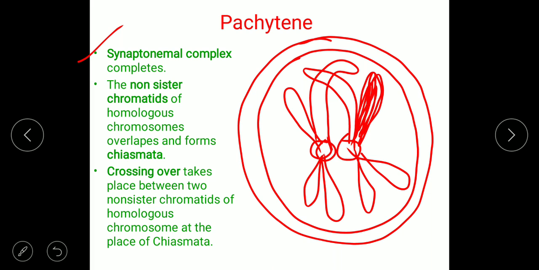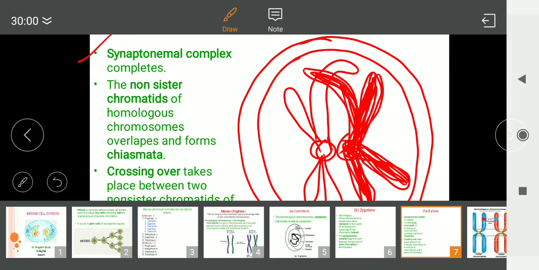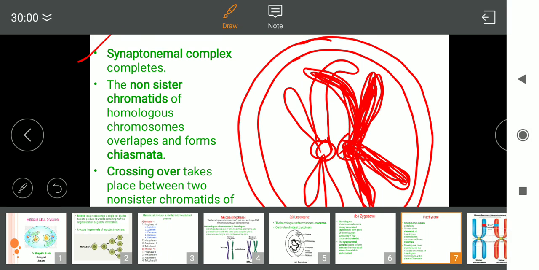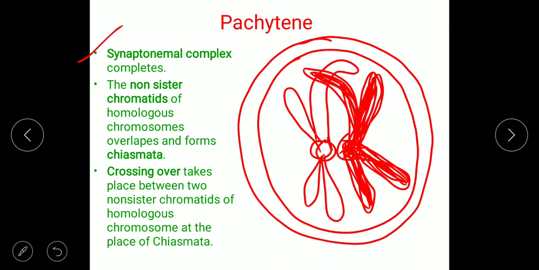I will fill up one chromosome to show you the difference. At this phase, this red chromosome which I filled is a different chromosome, and this non-filled one is the other.